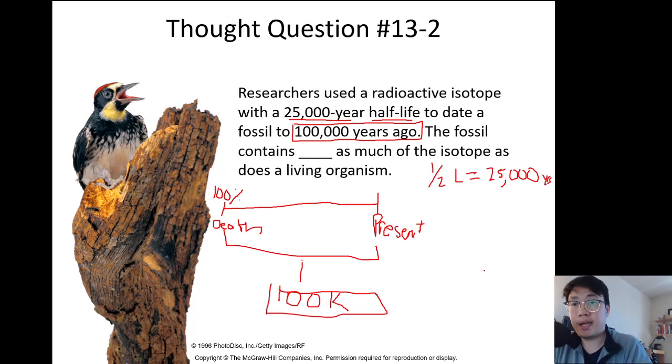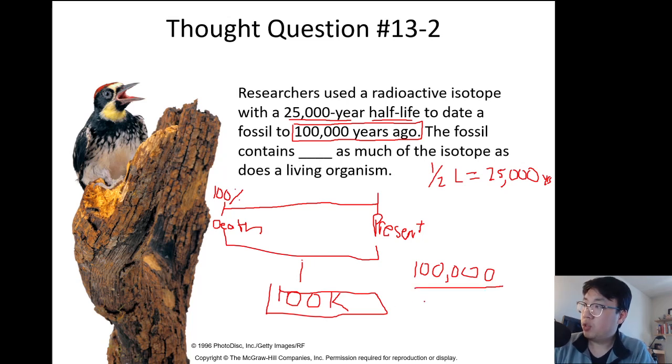So if I take my calculation, 100,000 divided by 25,000, this will give me approximately 4 half-lives. So that means that I'm going to divide this about 4 times.